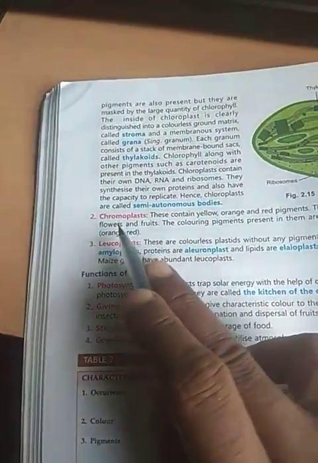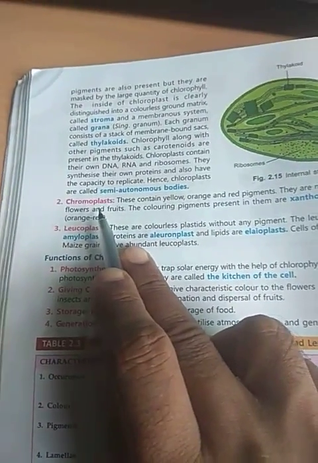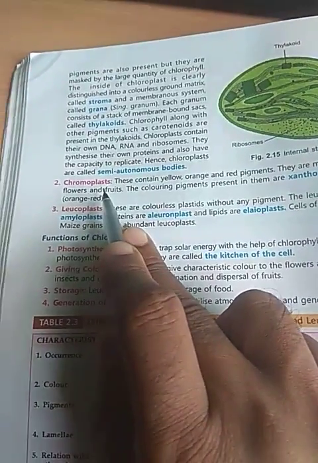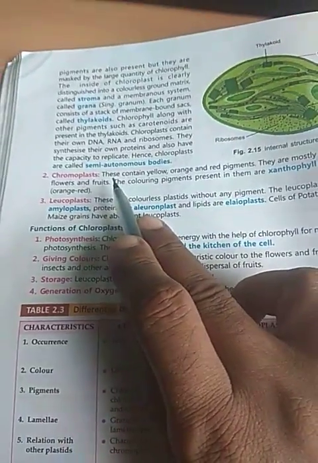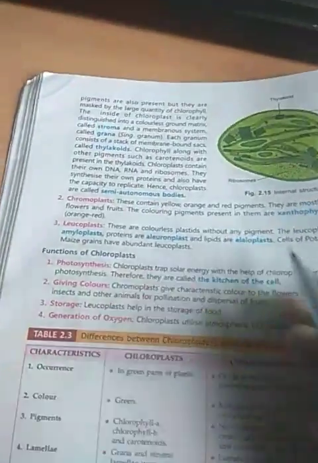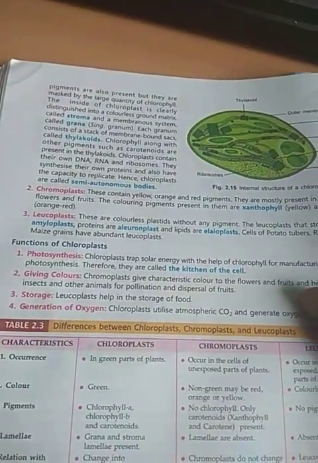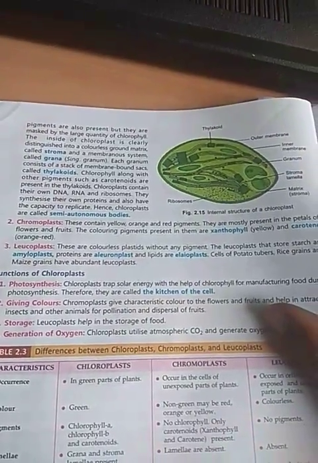Now we study chromoplast. Chloroplast carries chlorophyll and provides green color to the leaves of the plant. Chromoplast contains yellow, orange and red pigments. They are mostly present in the petals of flowers and fruits.